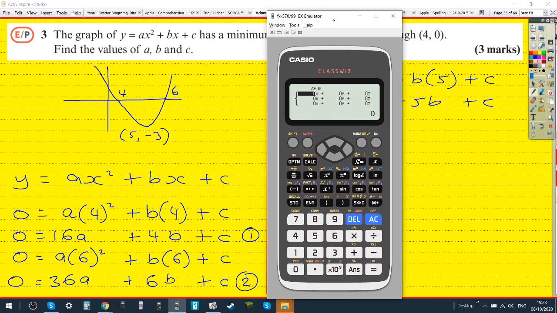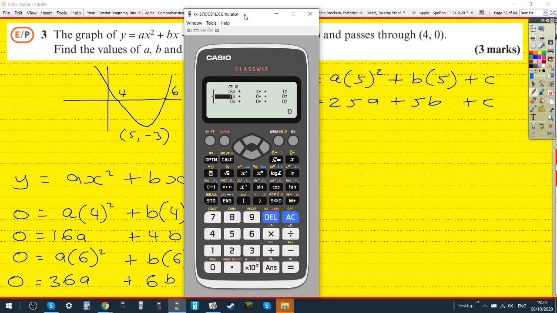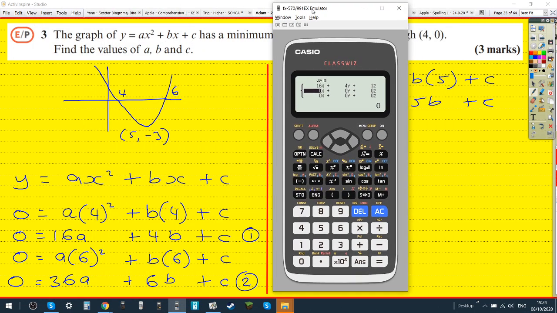The first one would be 16 and then 4, and then would y just stay 0? It would be for c, so it would just be 1c. Oh, okay. And that's equal to 0. Okay. And if it accidentally solves it, you have to actually press 0 equals, even though it was already 0. Okay. Next one. And then 36, and then 6, and then 1 again.